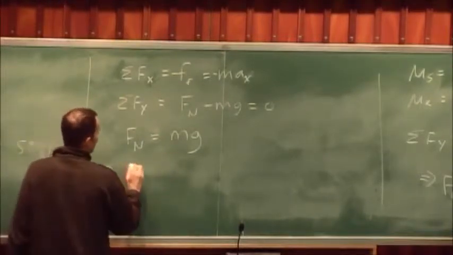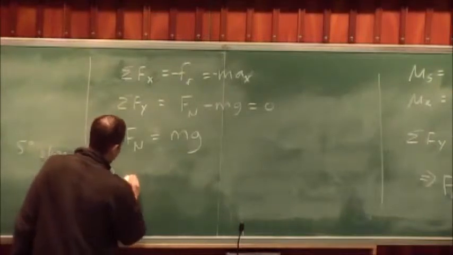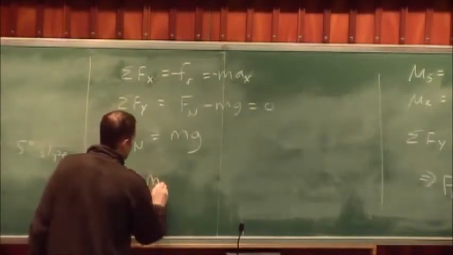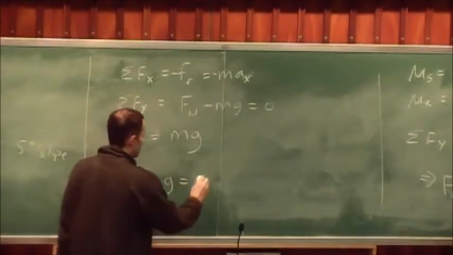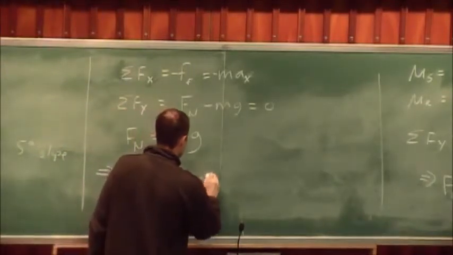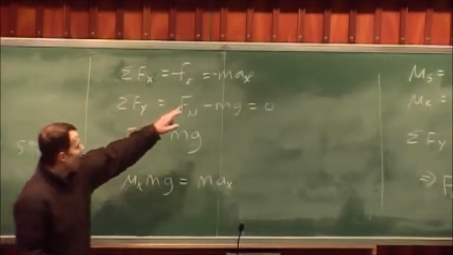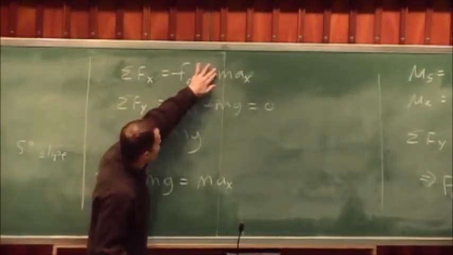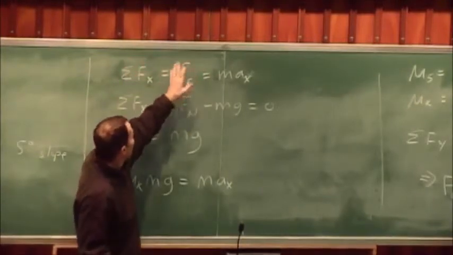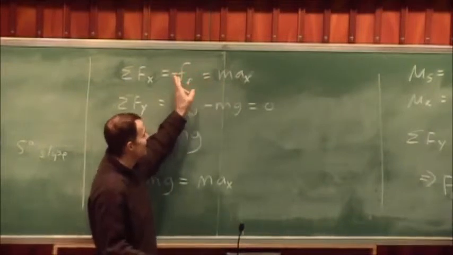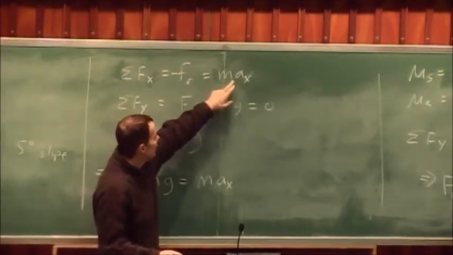Okay, so now we have mu k times mg is equal to max. I should say here, when I say that F is equal to ma, I can just say that this is minus F, and this tells me that the acceleration is in the negative direction. I should be a little careful of that.